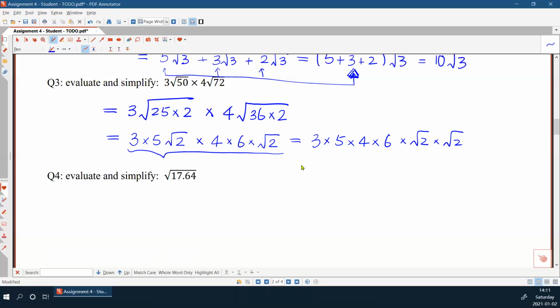Okay, and this gives us, okay, we can calculate this first. 18 times 20 times 2. Okay, then calculate this first. 36 by 20. And this gives us 720. Okay, any questions?